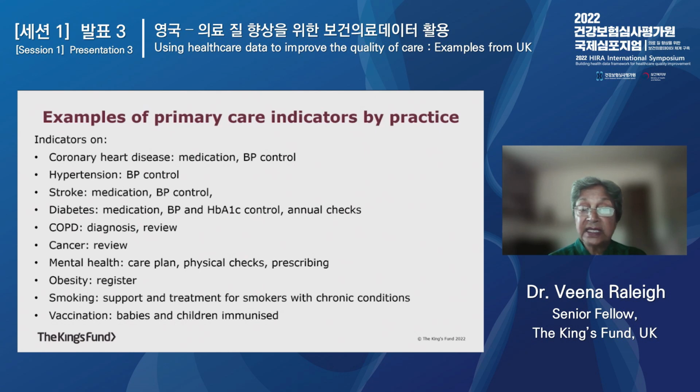We have indicators on, for example, whether people with severe mental illness like psychosis have physical health checks, because we know that people with severe mental illness have a shorter life expectancy than the general population. So it's important to make sure they're having checks for cardiovascular disease, for example, diabetes, and so on. So we have indicators on that.